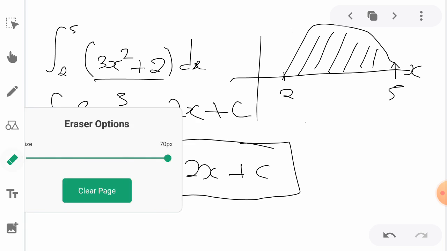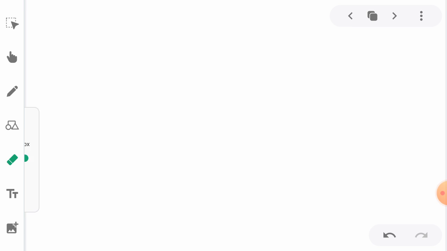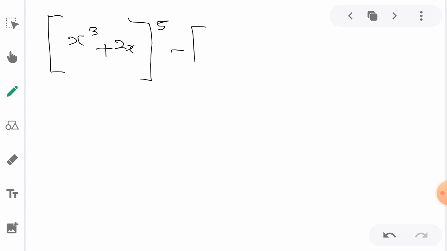So to find the area, you're going to say this would be x to the power 3 plus 2x, since we have integrated, then 5 there, minus, that's how you find it, x to the power 3 plus 2x with 2.